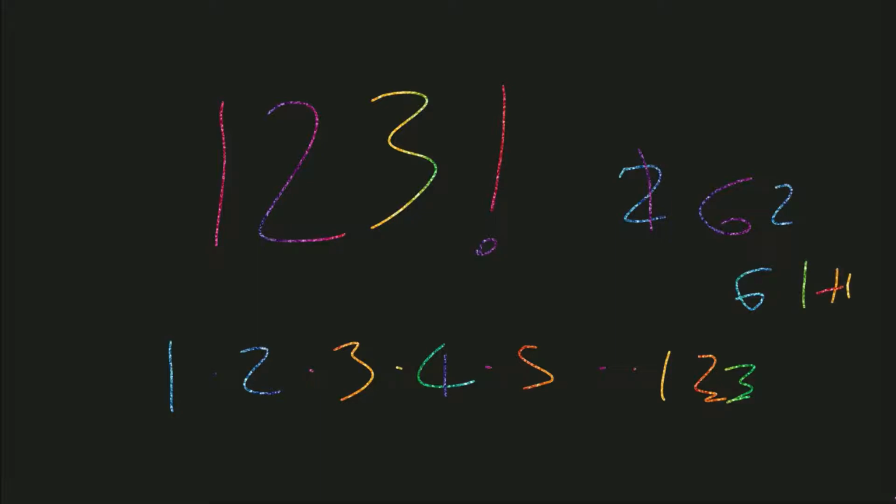So 62 is like the middle number when we write down 1 to 123, the midpoint of the region on the number line from 1 to 123.